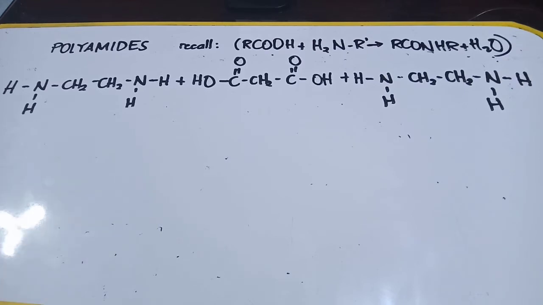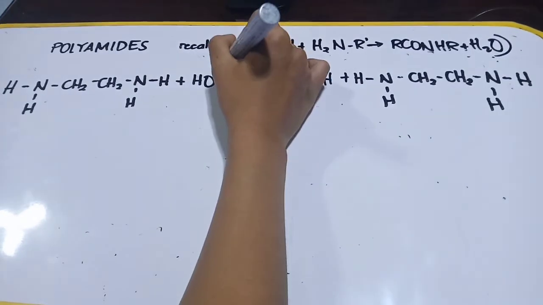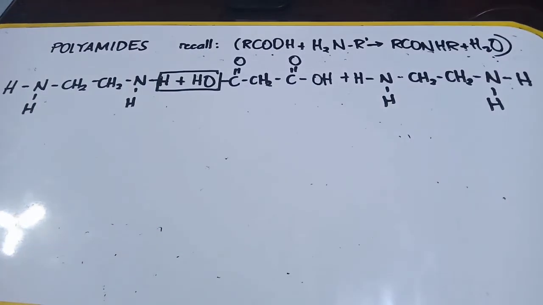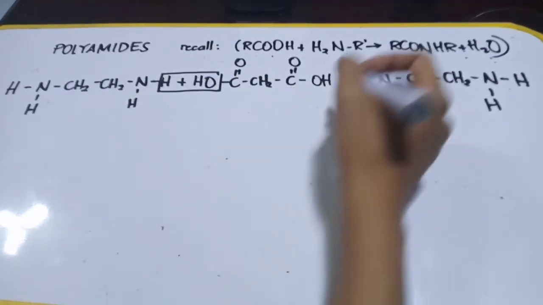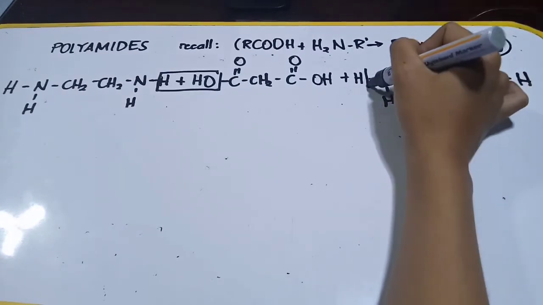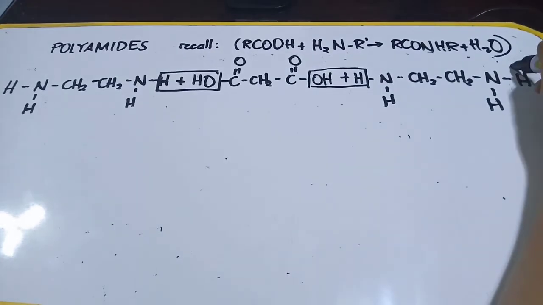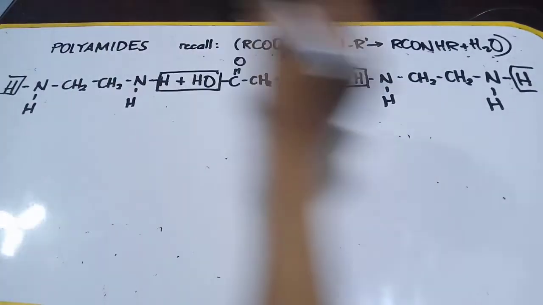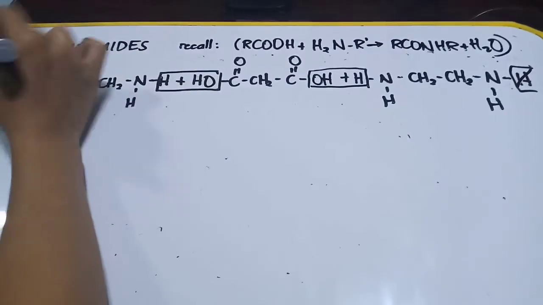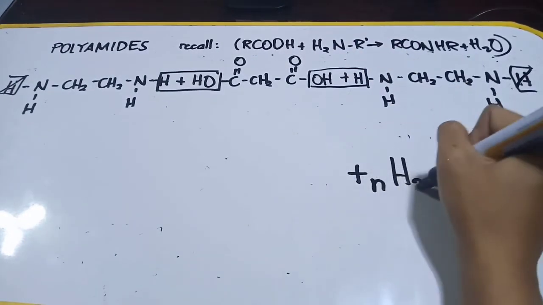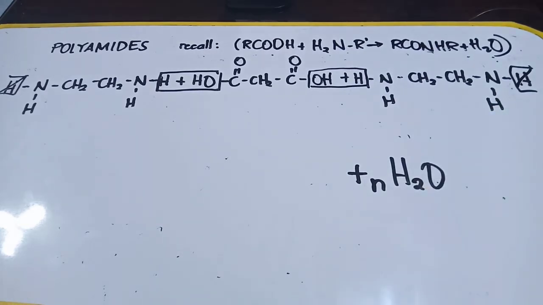Since we have the carboxyl and also the amine, we can now continue with our first step: to get the OH from the carboxyl group and H from the amine. Now, we will box out the molecules left. And now we have the H2O, just like the other one.